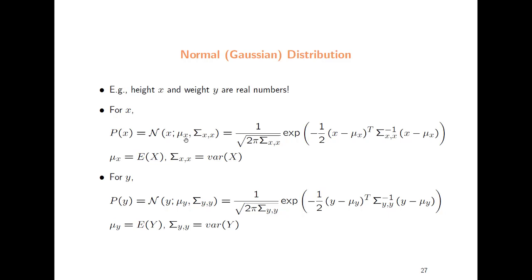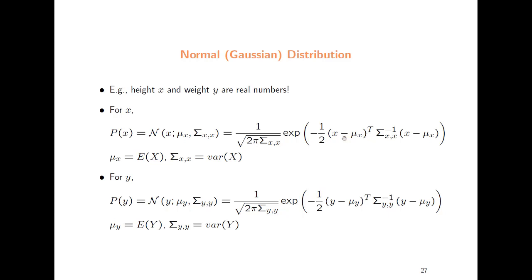Now everything is one-dimensional, so there's one parameter here. And we have this sigma xx, which in this case is simply the variance of x. So this is the expectation of x, and this is the variance of x. And it's written by this formula: 1 over square root of 2 pi times the variance, times the exponential function of minus 1/2 times x minus the mean transposed.